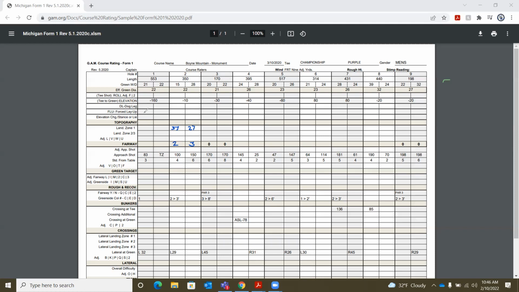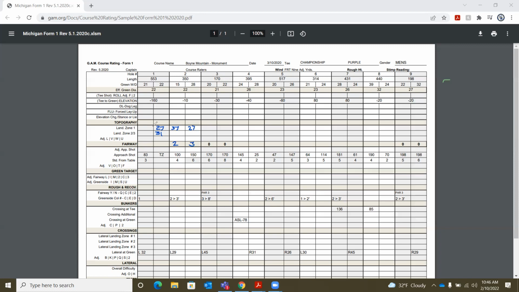And then for a 3-shot hole or 3 or more shot hole, we might have multiple values. So we might have a 27 for our first one, and then for our second landing zone, we might have a 31. In this case, we're going to look up both values and take the higher number.